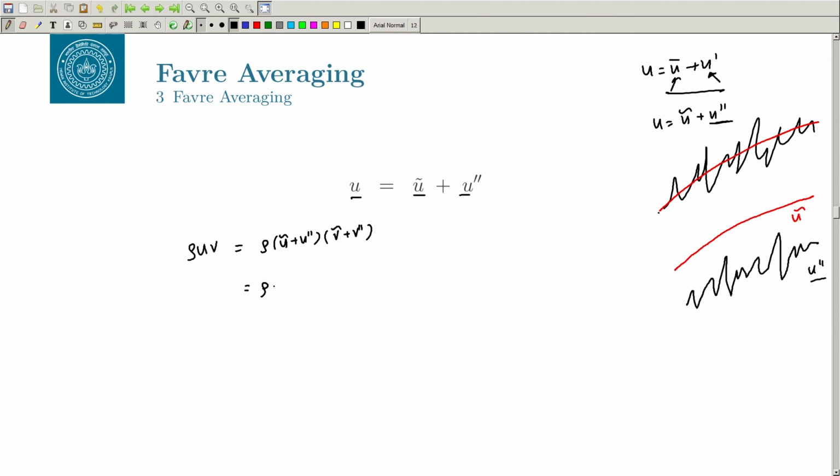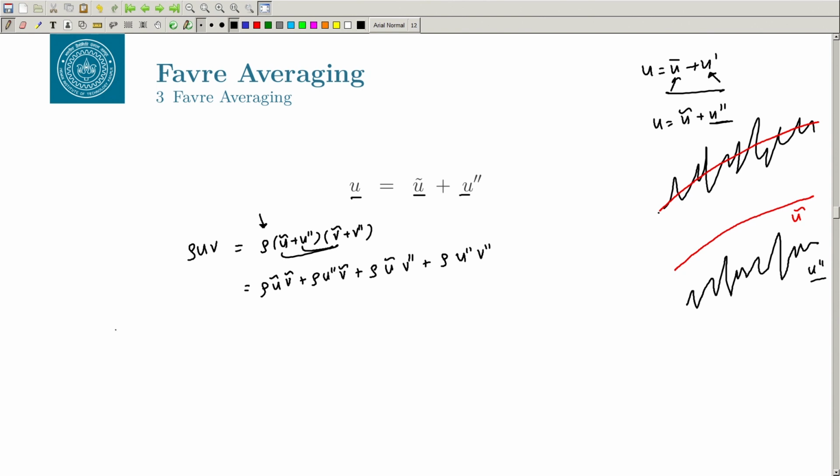So, this is rho u tilde v tilde plus rho u double prime v tilde, and plus rho u tilde v double prime, and plus rho u double prime v double prime, right. So, these are the only 4 terms. Remember, I have not done the decomposition for rho here, right.